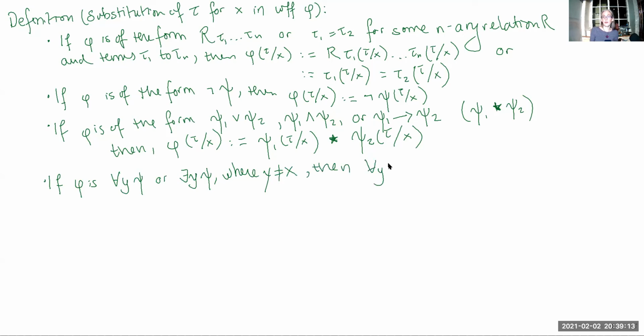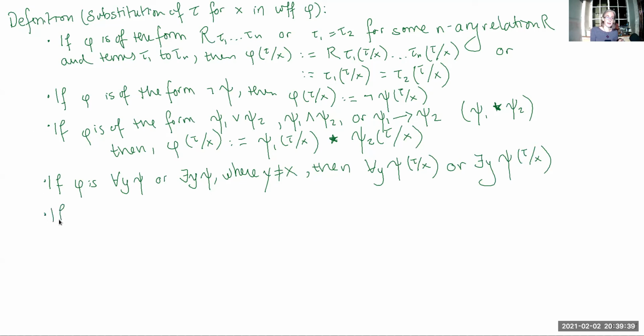It will just be the same as taking the substitution of tau for x in psi, and you just pull the quantifier out to the outside, or if it's the existential quantifier, it'll be the result of substituting tau in for x in psi and then having exists y out front.